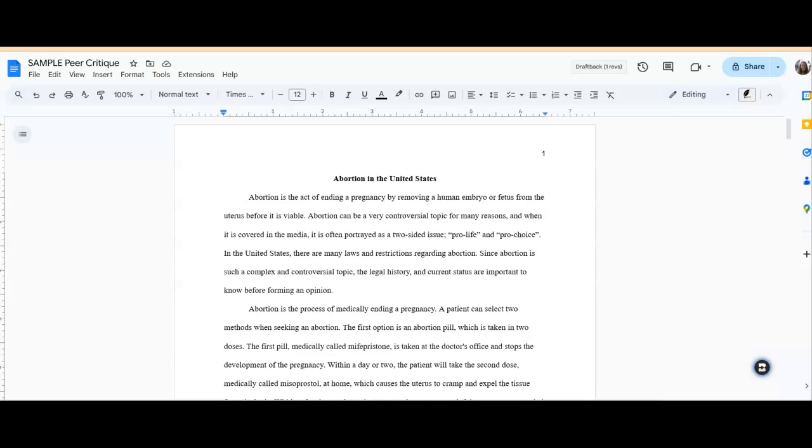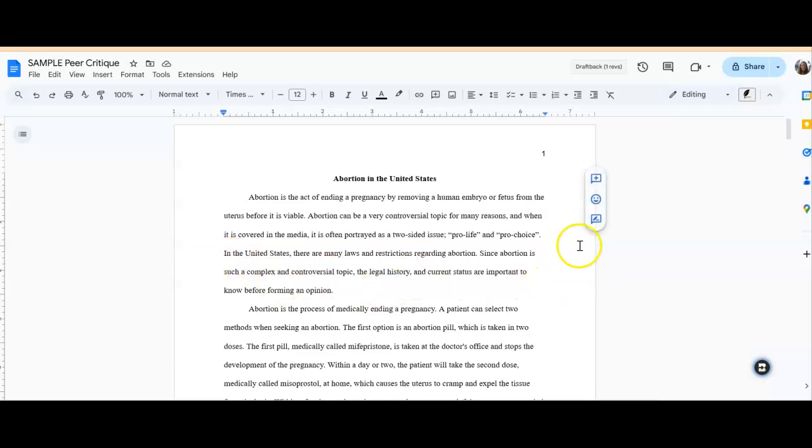So keeping that in mind, the first thing that we're looking at here is, remember, the focused explanation. At this point, we're going to pretend that we've already read through the entire essay, right? So the first thing we're going to do is make a comment on what we think the focus of the essay is.